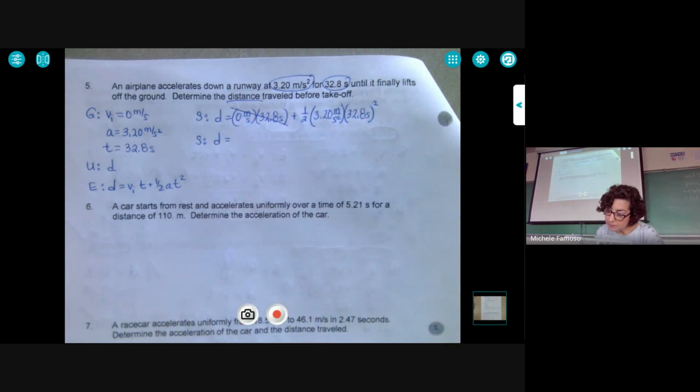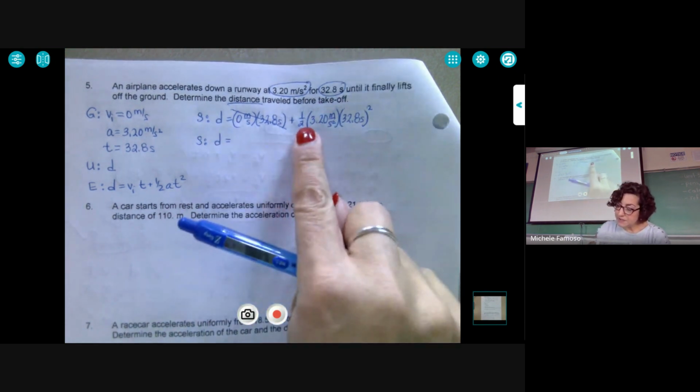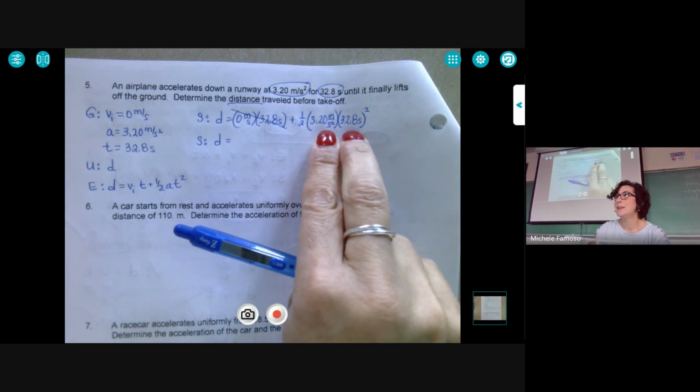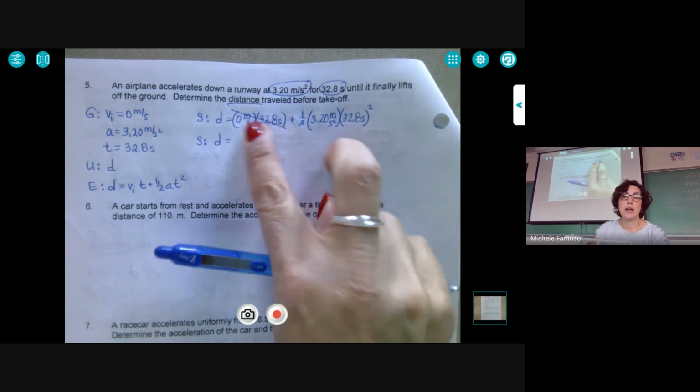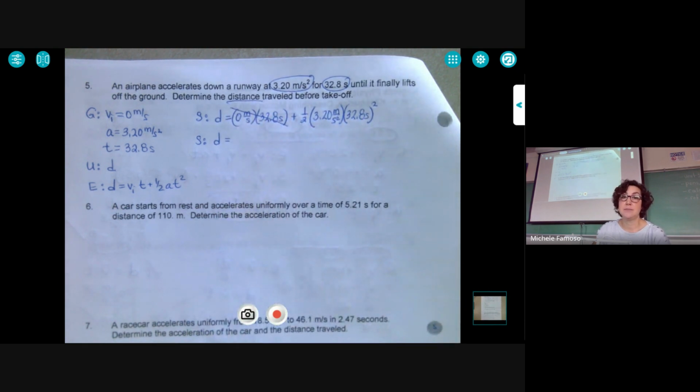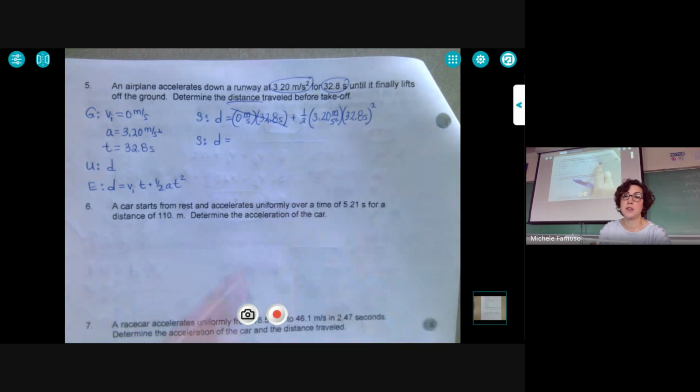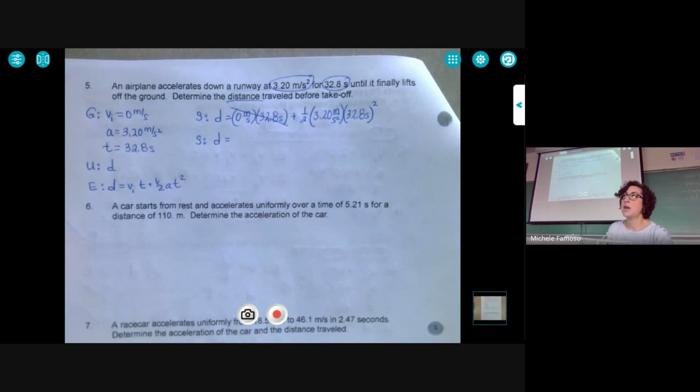How many? I'm sorry. Okay, half is not a measurement, so it doesn't have any sig figs. You just look at these two. Oh, yeah, and that doesn't have sig figs either. So you're just looking at these numbers here to tell you about your sig figs. So how many do you need? 3. Yeah, you got to have 3 sig figs on this answer.